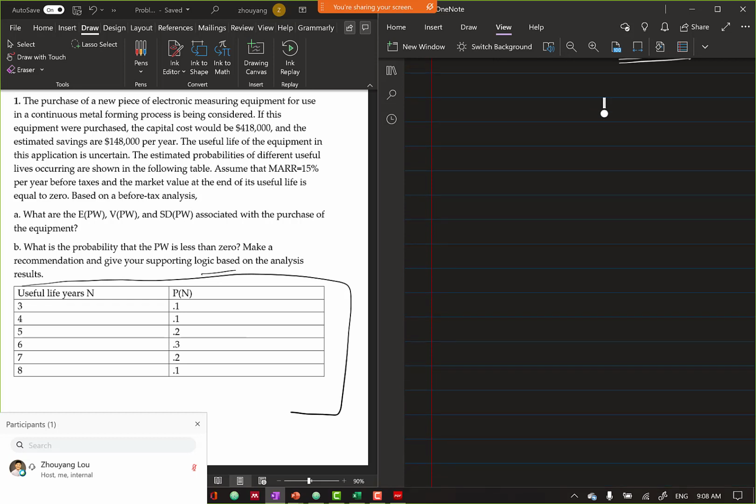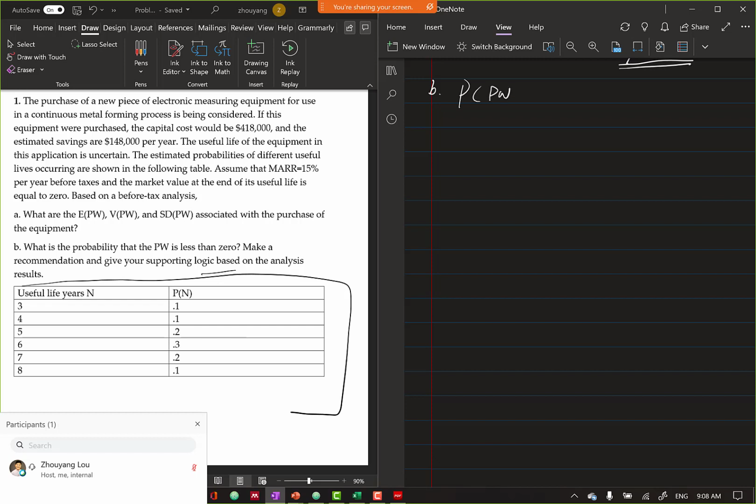So next, let's do problem B from the first problem. It's asking what's the probability that the present worth is going to be less than 0. So let me write out the notation: P, the present worth less than 0.